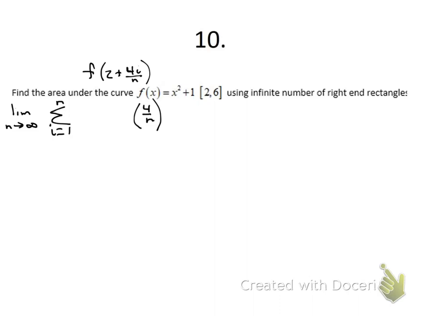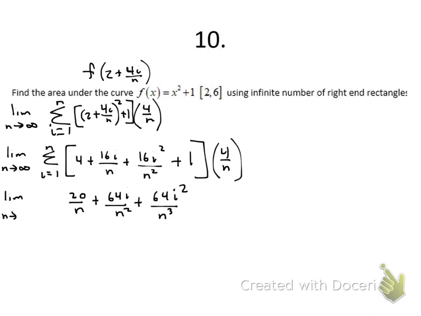So it becomes, if you do it correctly, 2 plus 4i over n squared plus 1 times the 4 over n. What am I going to do next? Are we okay? Is everybody comfortable with this right here? I'm going to leave the limit as n approaches infinity out in front.